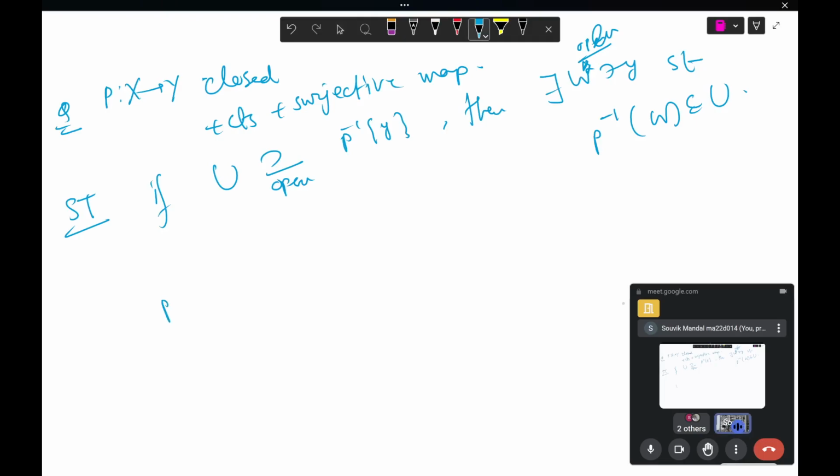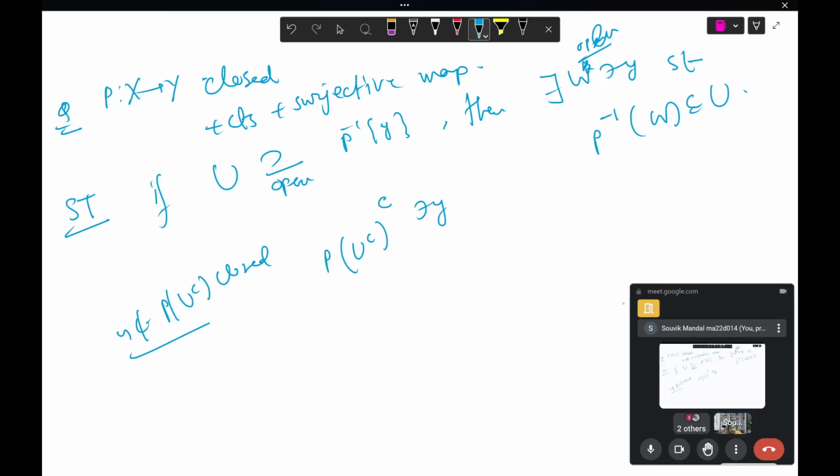So you are saying P of U complement is closed and y does not belong to it. Right. Then if we take the complement, it is open in Y and it contains the element y.